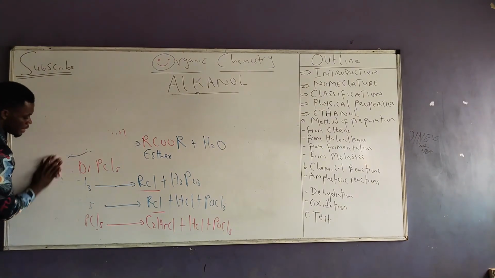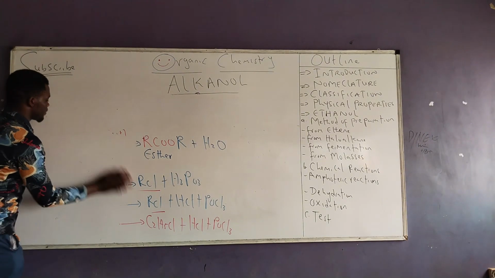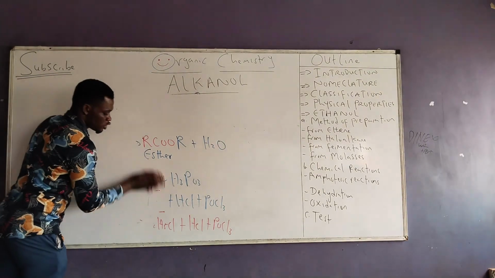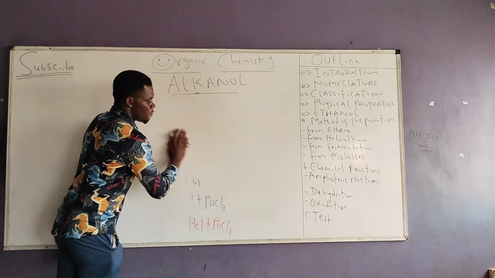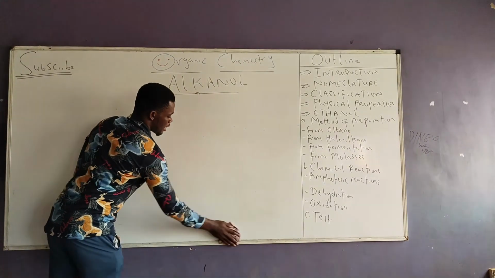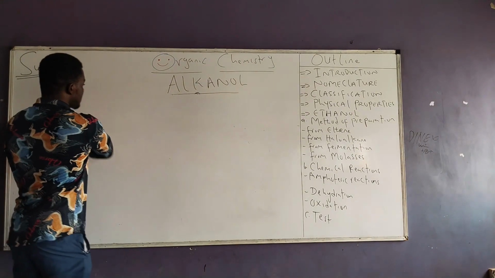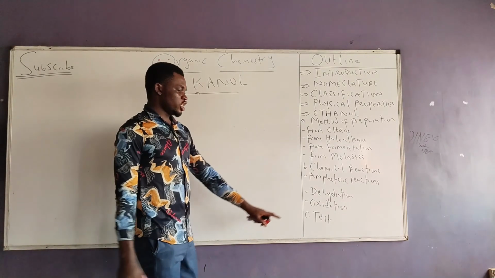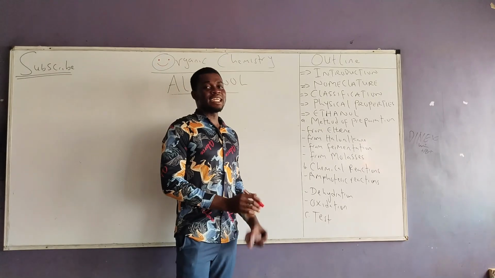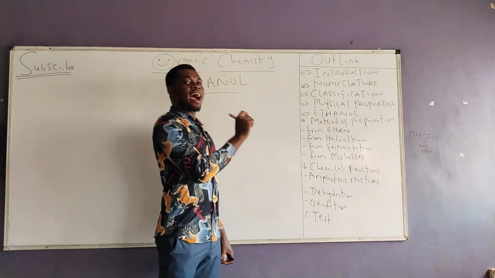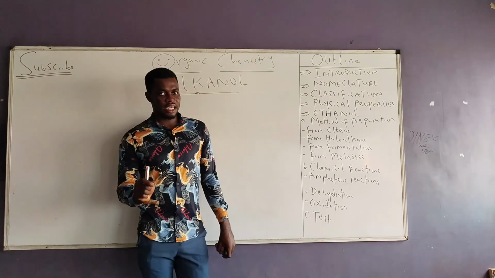So alkanols have the ability to be dehydrated in the presence of H2SO4. However, the product obtained from the dehydration of alkanol using H2SO4 is dependent on the temperature and the relative concentration of acid and alkanol in the reaction.